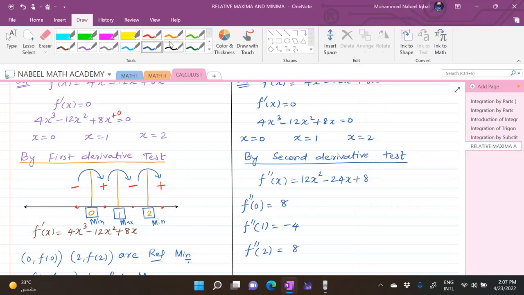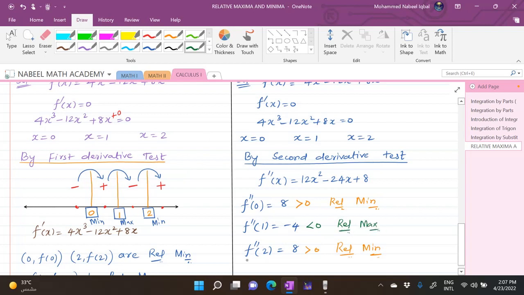So what is your conclusion here? If it is more than 0, I will say it is a relative minimum. So this is also relative minimum. And here we have less than 0, so this is relative maximum.